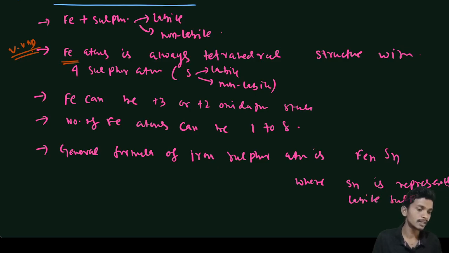Okay, so wherever this SN is present in the general formula FeNSN, this SN stands for labile sulfur, not non-labile sulfur. Labile sulfur means inorganic sulfurs, that is, replaceable sulfurs. So this is the general formula of iron sulfur proteins, FeNSN, and this SN stands for labile sulfurs.